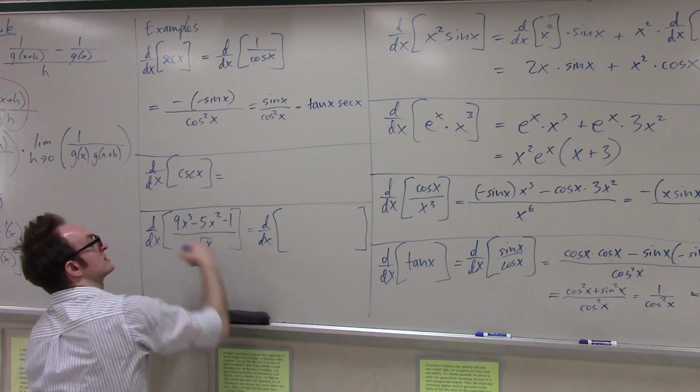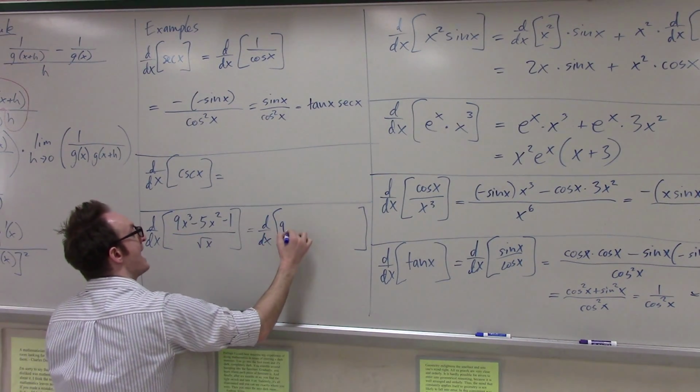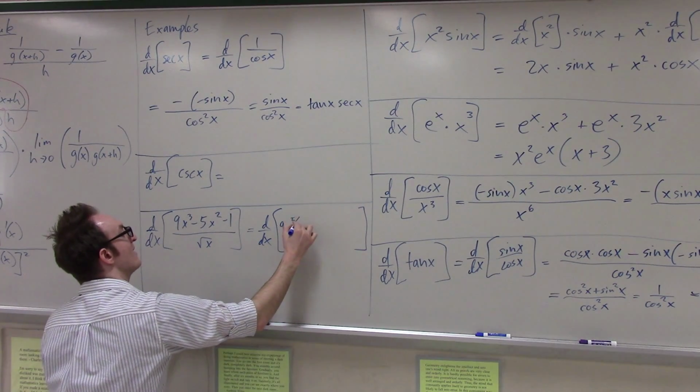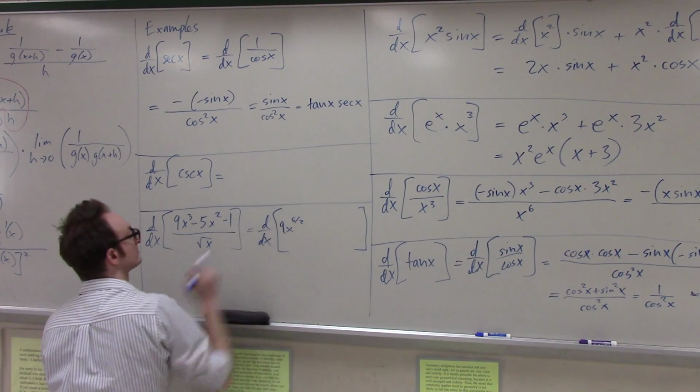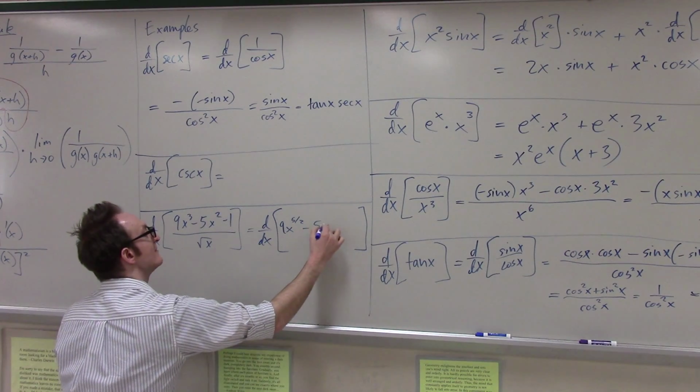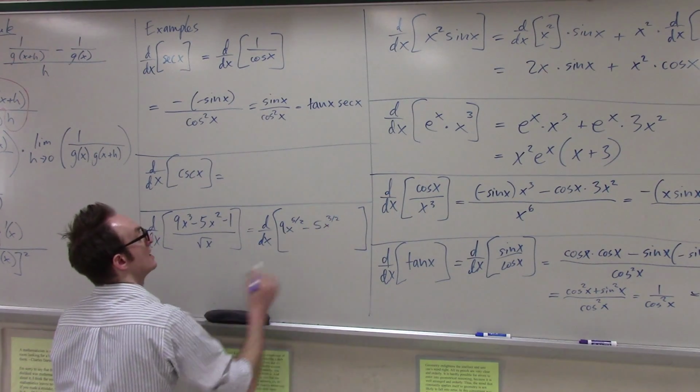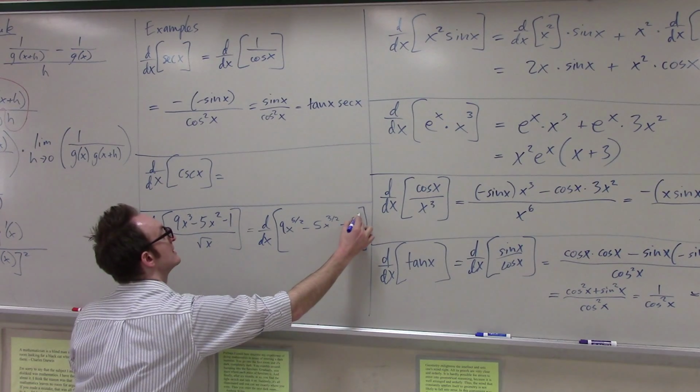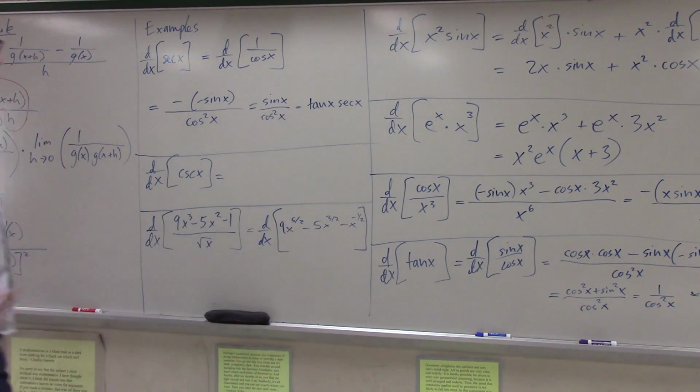By exponent rules, this is really just 9x to the 5 halves minus 5x to the 3 halves minus x to the negative 1/2. Hopefully I did that correctly. I believe I did.